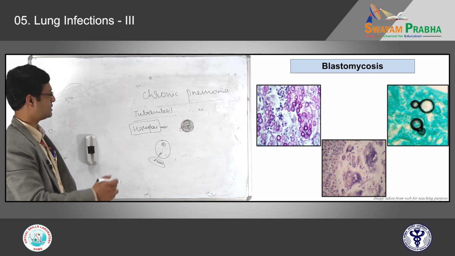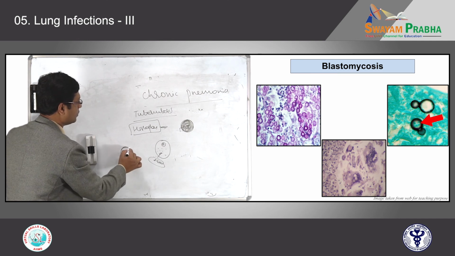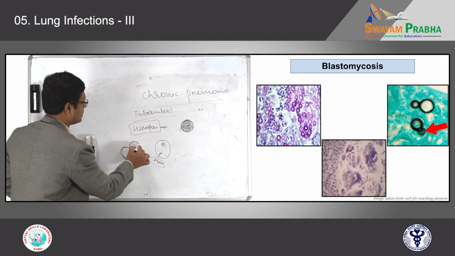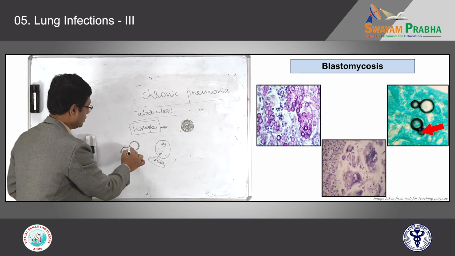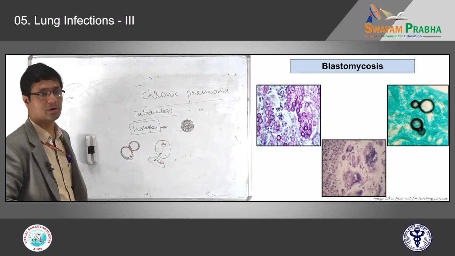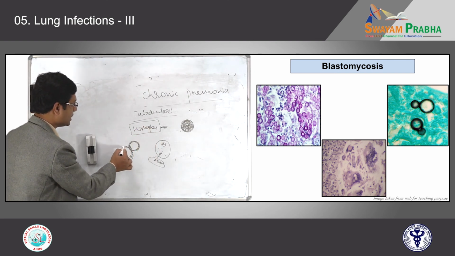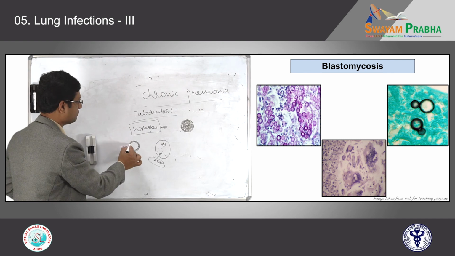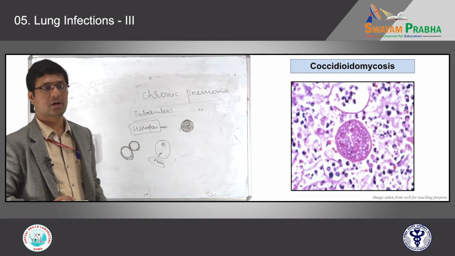Blastomycosis, there are different stains. You can see a thick-walled fungus with a small daughter. For blastomycosis, these are the special stains. What you will see is a thick-walled fungus with a budding form. This is how blastomycosis looks.